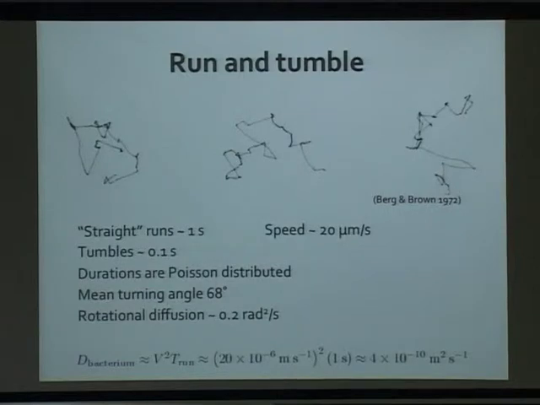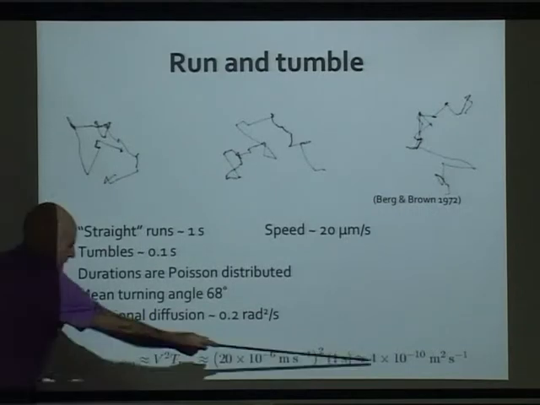And if you try to measure the diffusion coefficient for this effective Brownian motion, you can estimate it basically from the persistence length of the walk and the typical velocity that it has. So the typical effective diffusion coefficient of a bacterium is basically its velocity squared times the duration of a run.